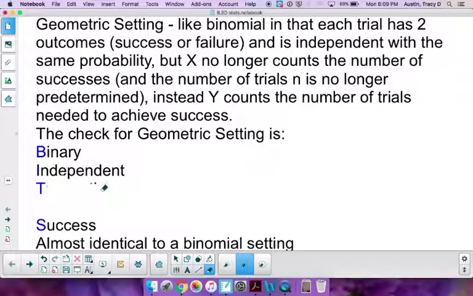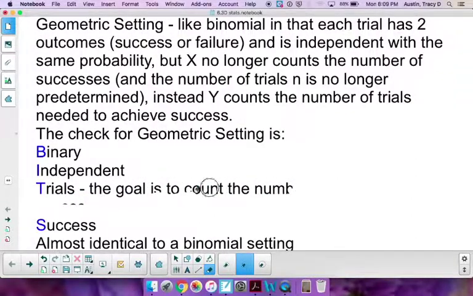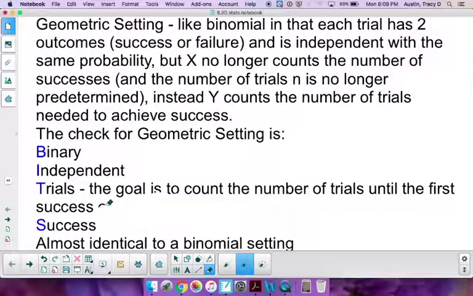The T, in this case for trials, is, again, to count the number of trials until you achieve a success. And only one specific success. We're not trying to count more than one, like with binomial, the chances of getting 3 out of 5 successes. We're not counting that anymore. We only want one success to happen, and we have to count up how many times we're going to fail before we can succeed.